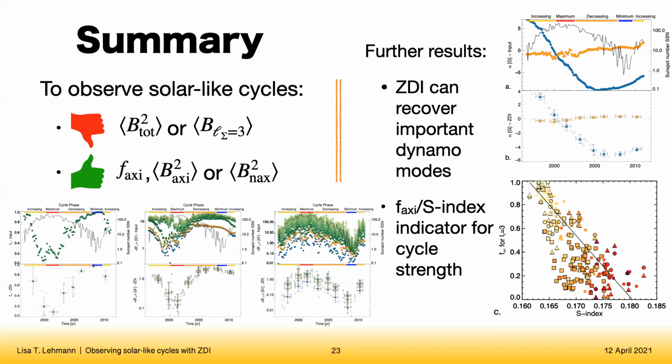It's really nice to check for these very slow rotators, where we are so limited in resolution, what you can get out of the different magnetic properties from the ZDI maps.